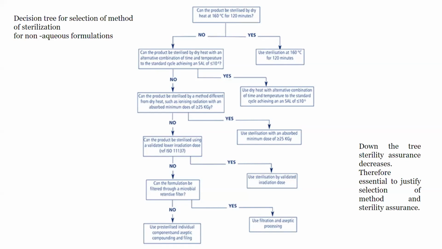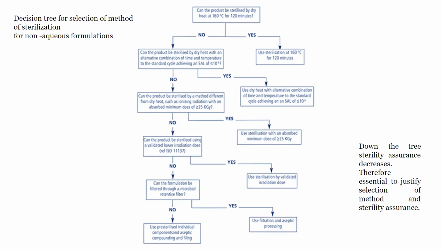If the material is such that it doesn't absorb that radiation dose, then it may not be an effective method of sterilization. So if the material is sufficiently absorbing radiation and shows sterility, then go for the radiation. If it is showing degradation at this radiation dose, then see whether the product can be sterilized using a valid lower dose.